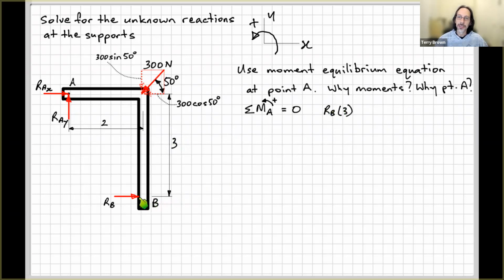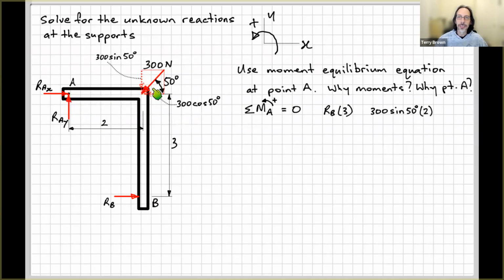And is this a positive or a negative moment? As we discussed before, looking at moments about point A, this will tend to rotate the component anti-clockwise about point A. So that will be positive. The next one is my vertical component here, 300 sine 50, and its perpendicular distance to point A is 2.